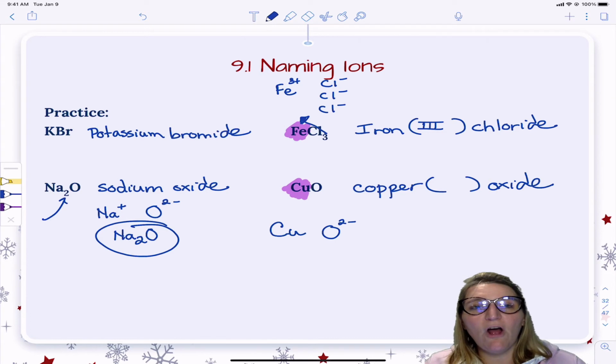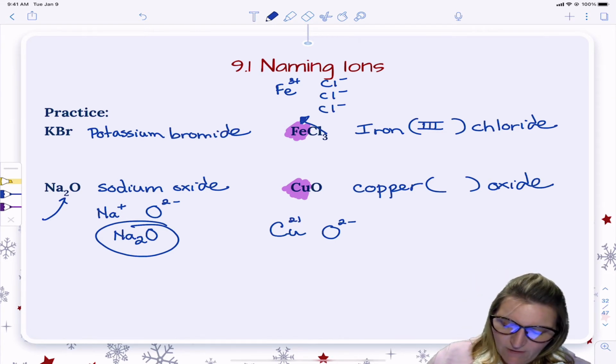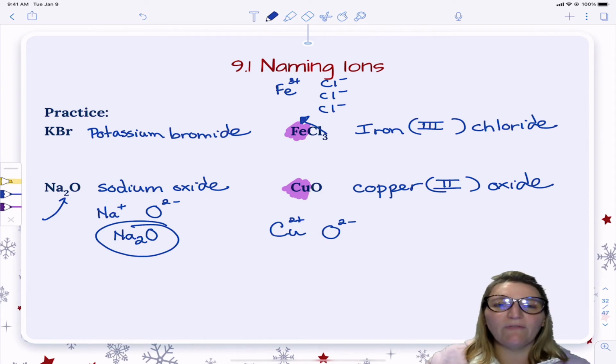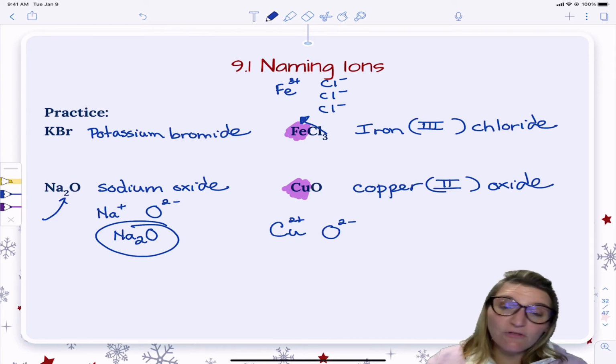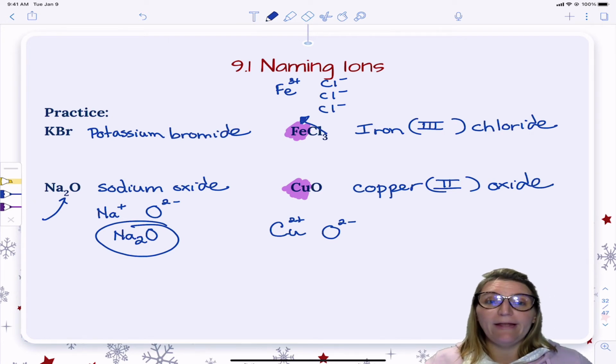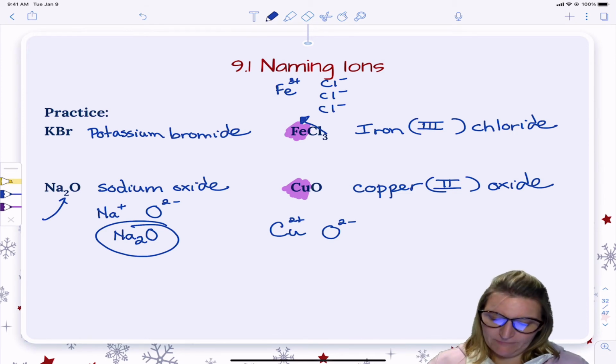I have 1 copper for every 1 oxide, and if oxide is 2-, this copper must have been 2+. You have to think about it logically. So I can't always say, just reverse crisscross, that'll always work. It will work most of the time, but not all of the time. You really need to think about what is actually going on, what is actually making this compound neutral.